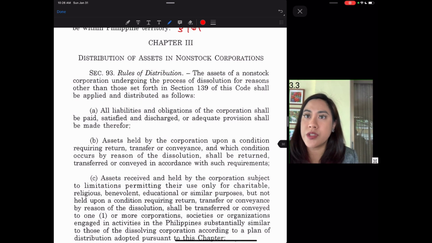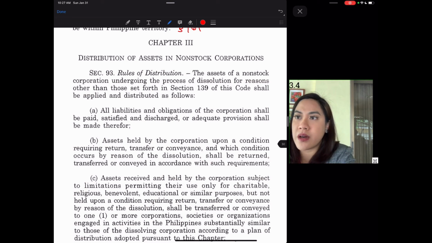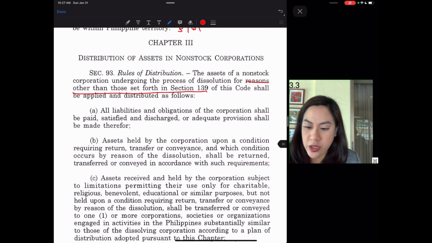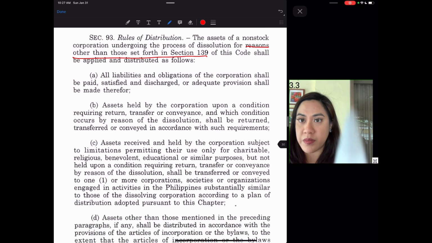When we talk about distribution of assets in non-stock corporations, these are governed by sections 93 and 94. The assets of the non-stock corporation undergoing dissolution for reasons other than those set forth in section 139 shall be governed by letters A to E. So these are the process or procedure that must be followed.